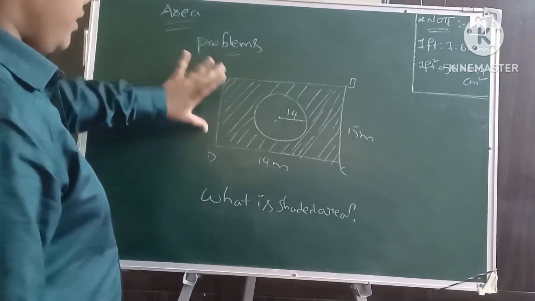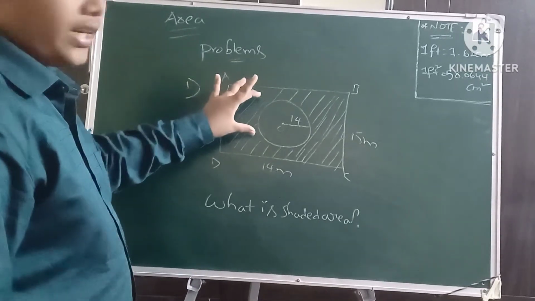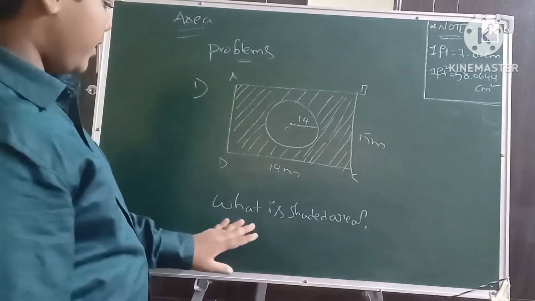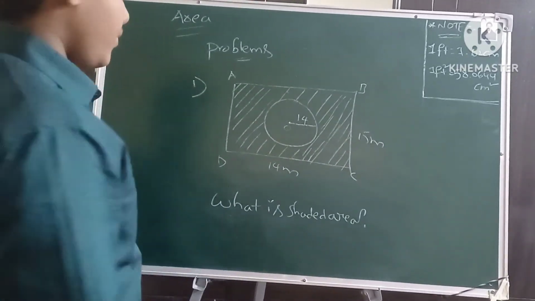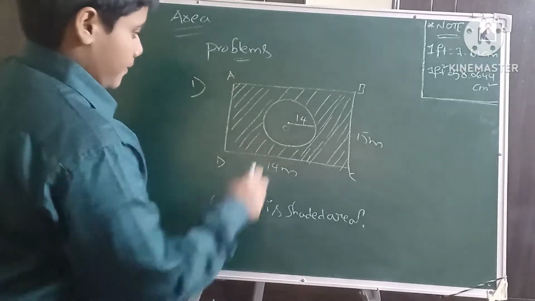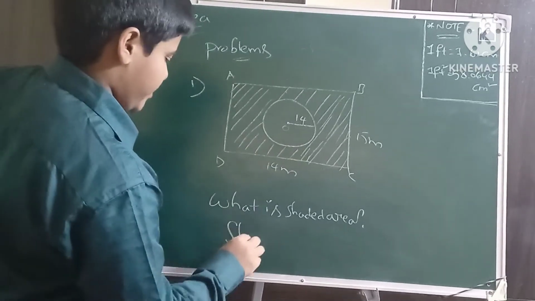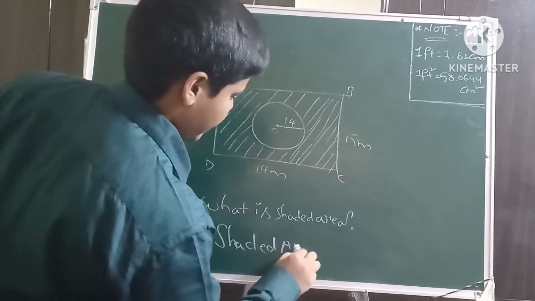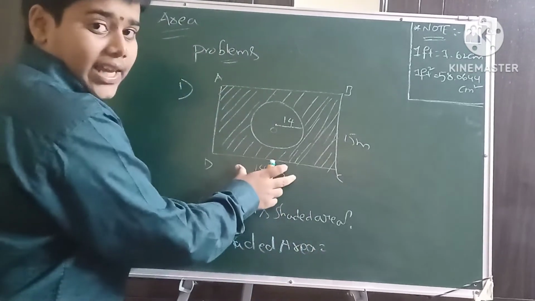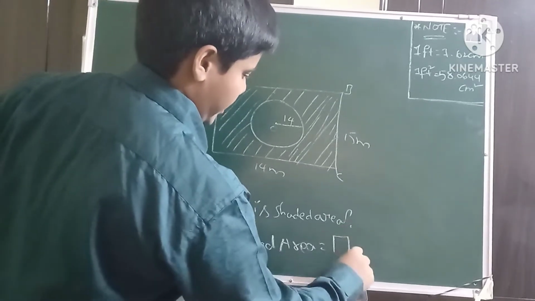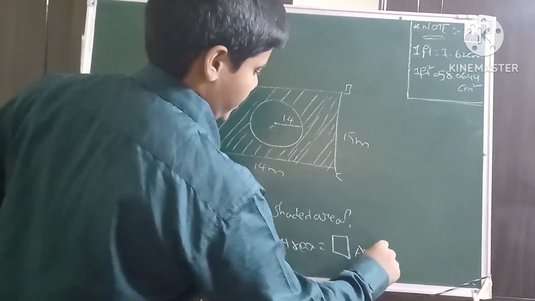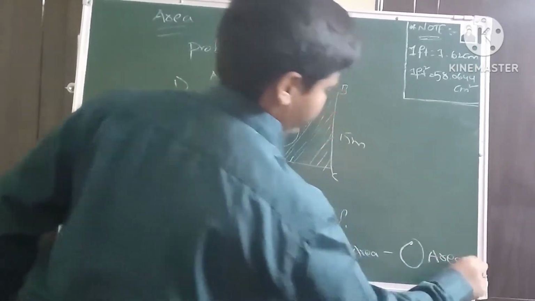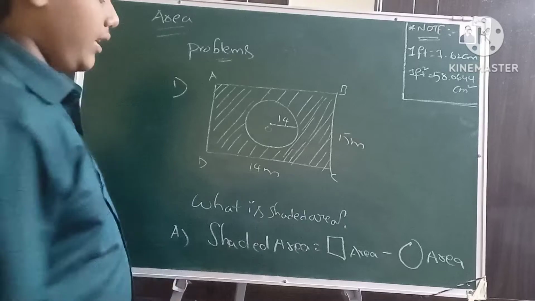In this question they gave a rectangle and a circle, and they shaded some portion. Then they are asking for the shaded area. How do we find it? The shaded area is equal to the rectangle area minus the circle area.